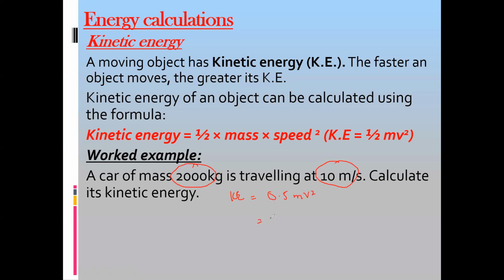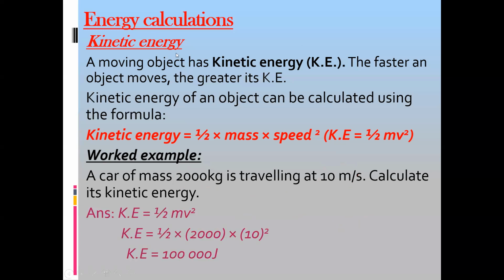So 0.5 multiplied by mass, which is 2000, and speed square, so it will be 10 square. We multiply all these values and we get the kinetic energy, which is 100,000 joules. Is the word example and the formula of kinetic energy clear?